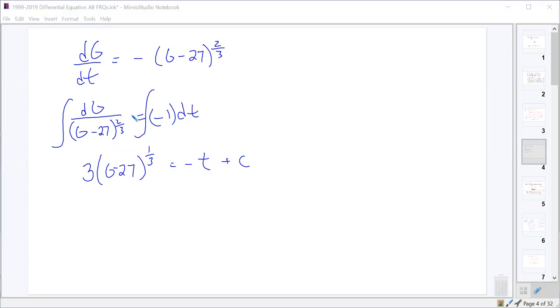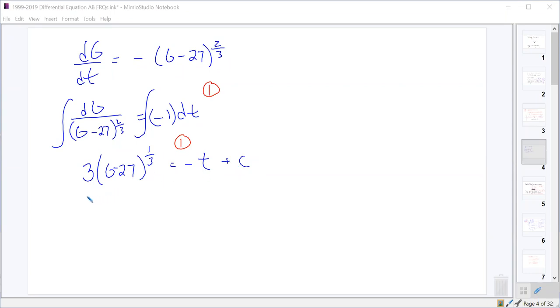And let's see, it was just to start off with 1 point for separating the variables, 1 point for correctly integrating both sides, total of 1 point. And then another point if you successfully used your constant of integration and your initial condition.